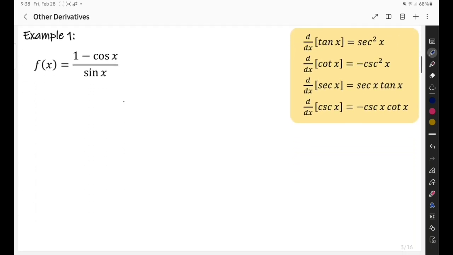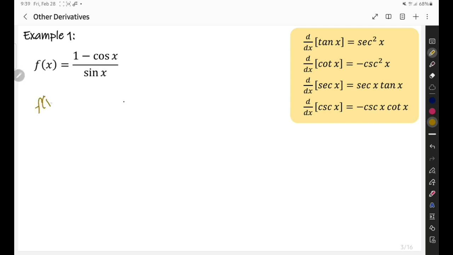All right, so the first example we have here is the function (1 minus cos x) over sine x. In the previous lesson, we used the quotient rule for this one, but actually we can use the theorems to find the derivative of this given function. But first, we have to rewrite the function, like we distribute the denominator.